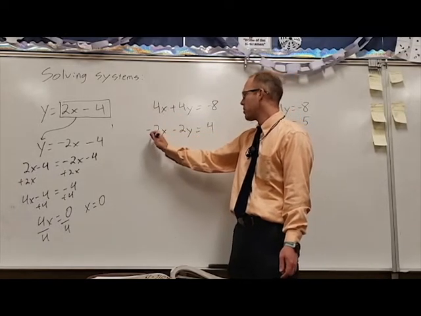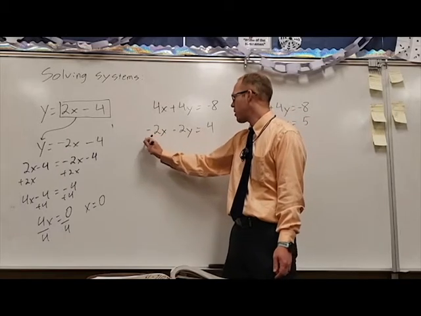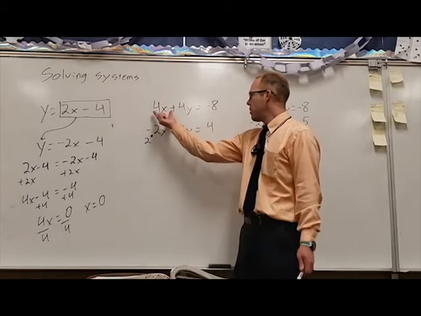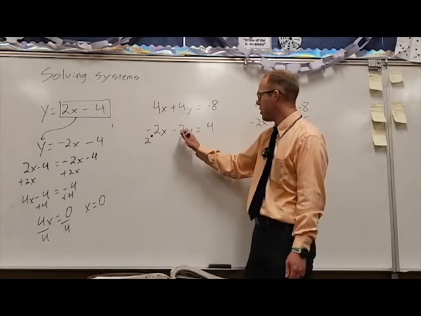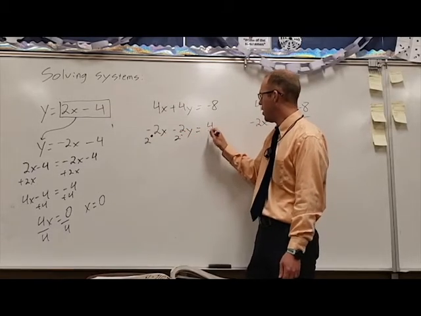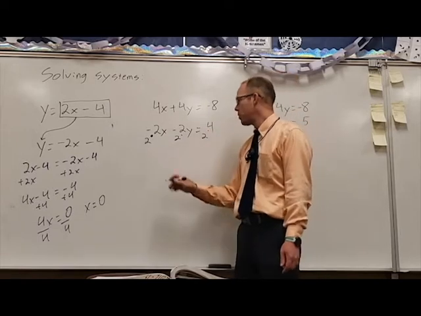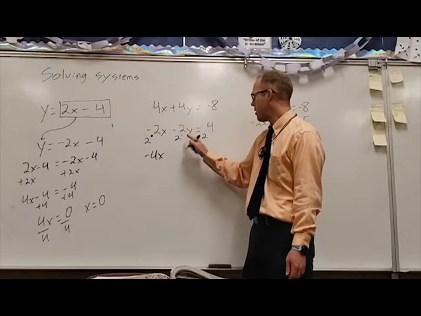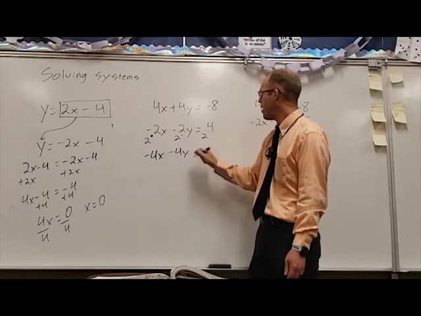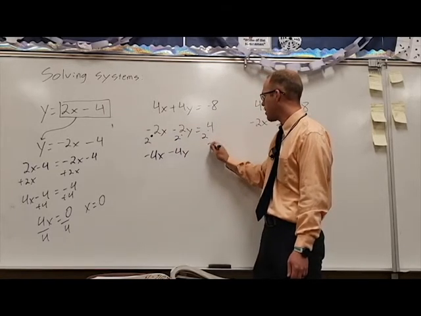I'm going to accomplish that by multiplying by 2. That will give me a 4x and a -4x. If I do it to this term, however, I need to multiply this also by 2 and this also by 2. That will give me -4x, this gives me -4y, and over here we have +8.